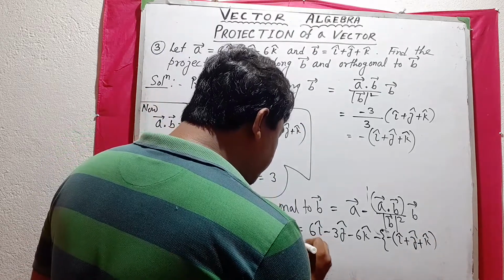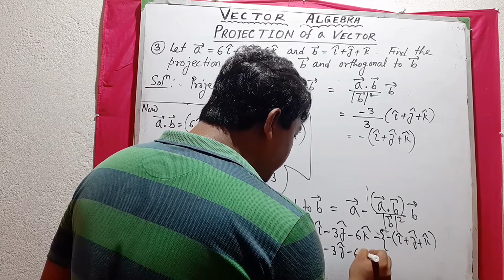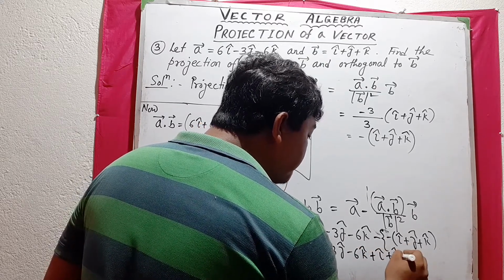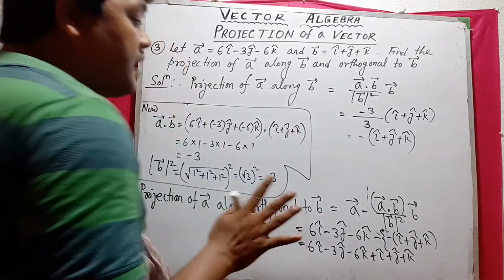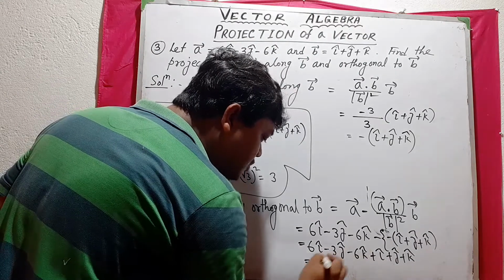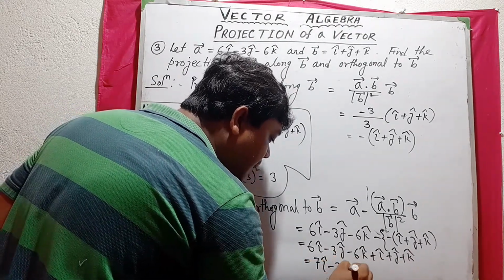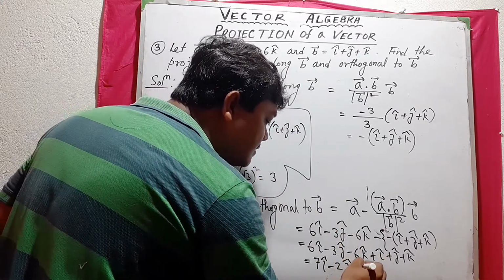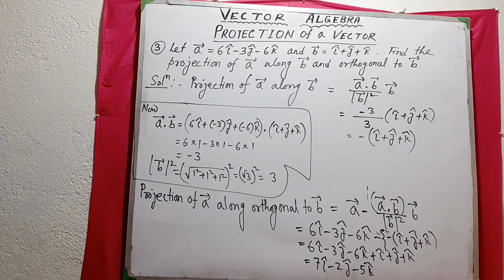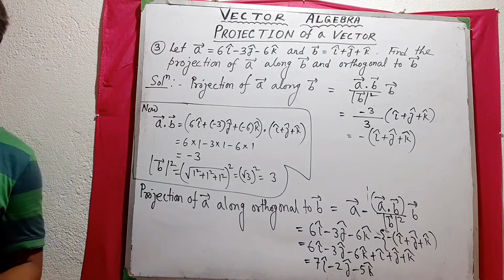So that is 6i cap minus 3j cap minus 6k cap plus i cap plus j cap plus k cap. এখন এই দুটো ভেক্টর এডিশন করব কিভাবে, i cap এর সহগের সঙ্গে i cap, তাহলে 6 plus 1 that is 7i cap, minus 3 plus 1 minus 2j cap, minus 6 plus 1 that is minus 5k cap. That is the projection of a along orthogonal to b. Okay, clear?